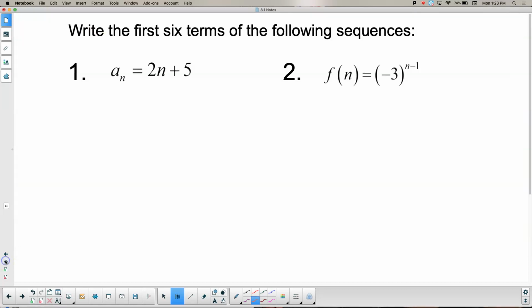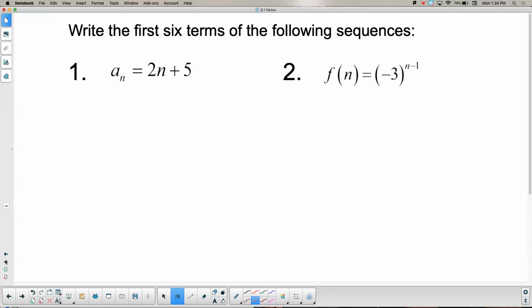As we're starting here in the intro, one of the very first things that the book likes to do, and I like to do, is just get into finding the first few terms of a sequence. It says write the first 6 terms of the following sequences.